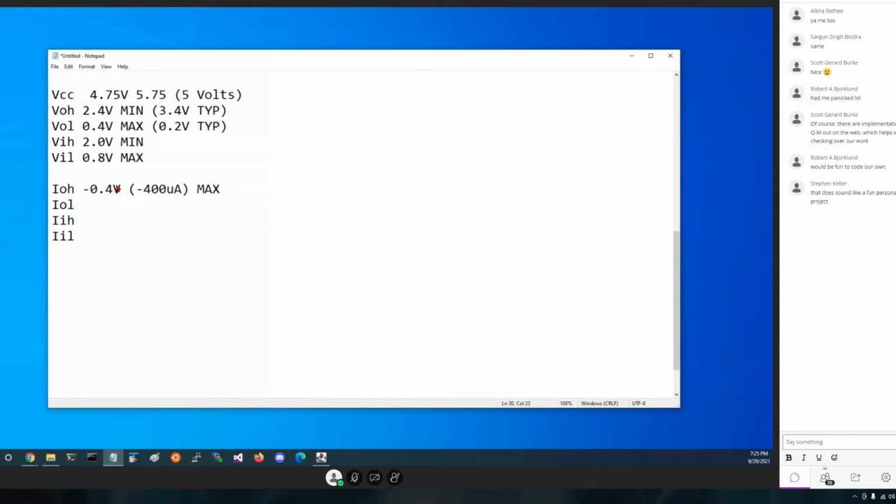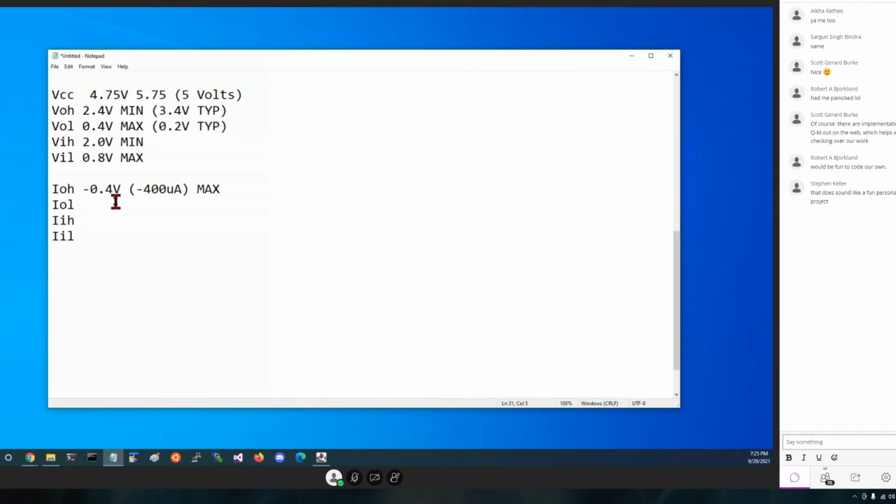It's a max. Now, what the minus sign means is the direction the current is going. The current is going, when it has a minus sign, into the chip. So we'll leave that and we'll sort out all our minus signs when we're done here.